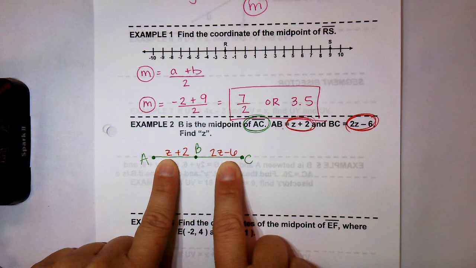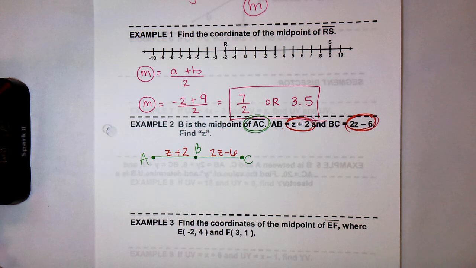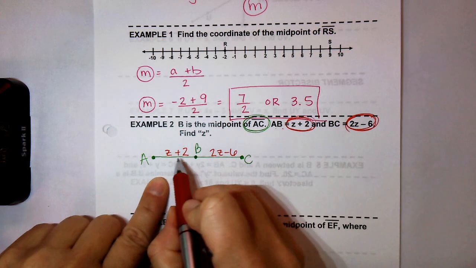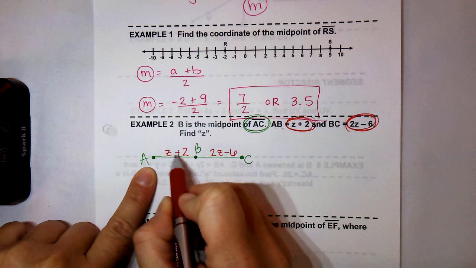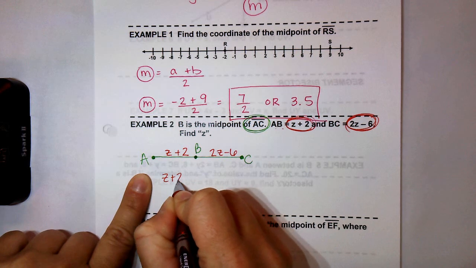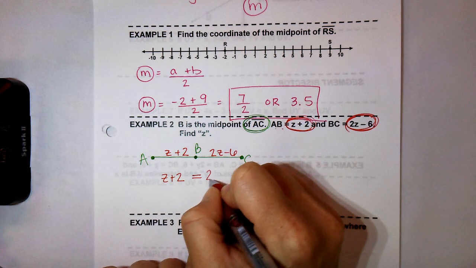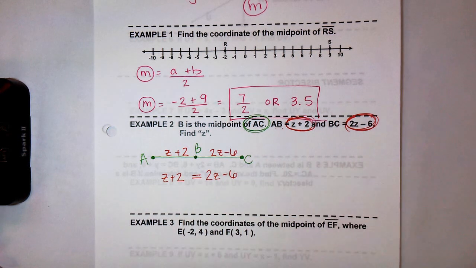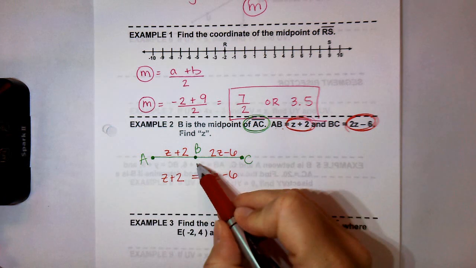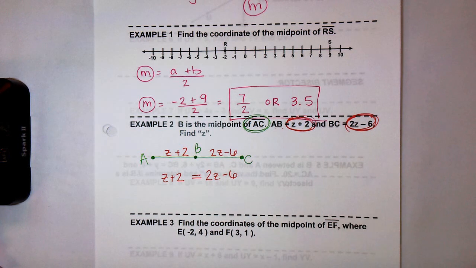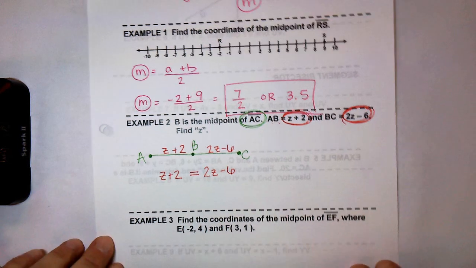What symbol is equal? So this side, Z plus 2, equals this side, 2Z minus 6. They're equal. That's your math equation. That was all of the geometry right there. We drew the picture, we labeled, and we knew the definition of B, the midpoint. So I knew how to make my equation.